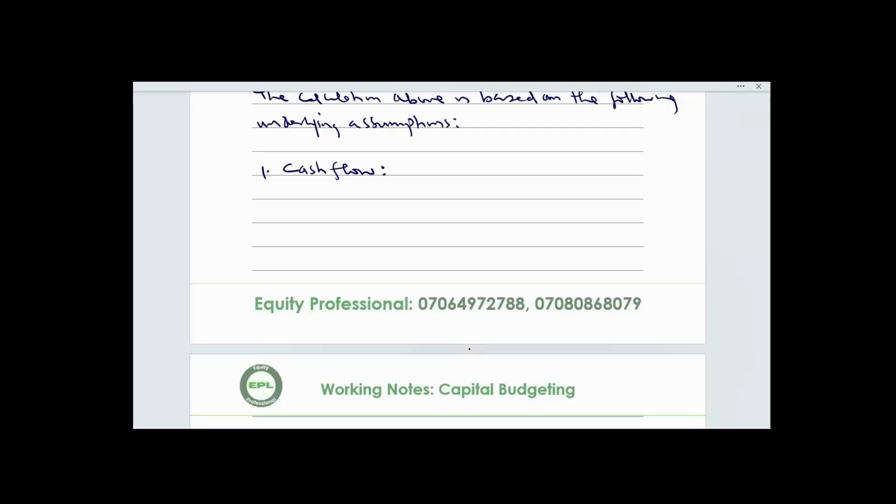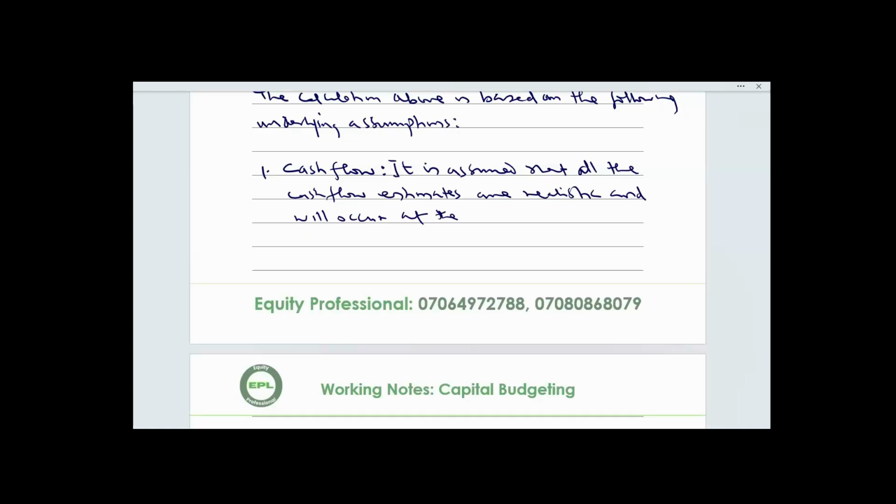What's the assumption on this? You then say it is assumed that all the cash flow estimates are realistic and will occur at the end of each year.